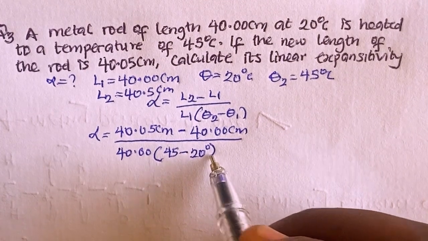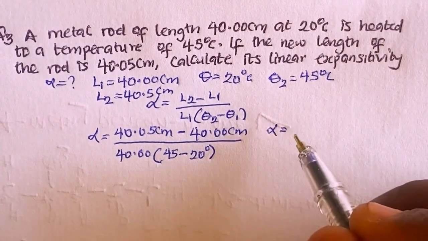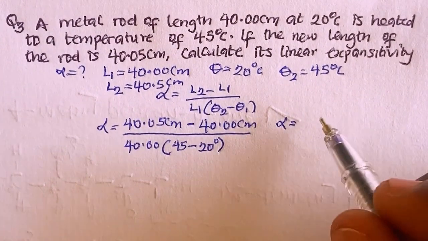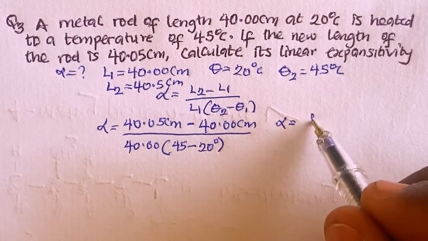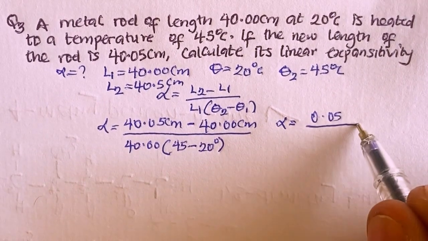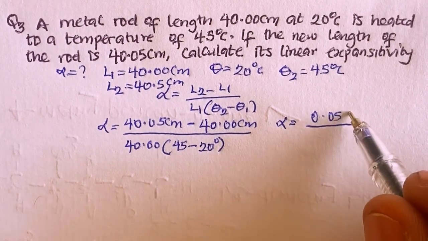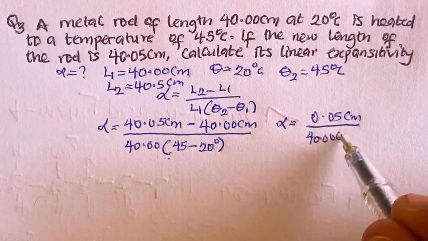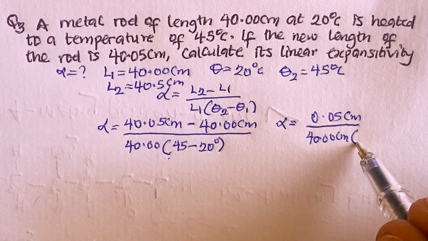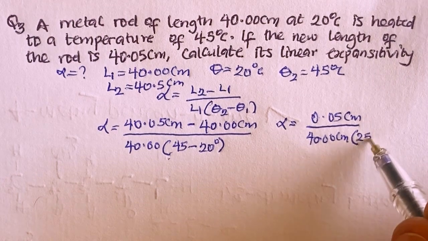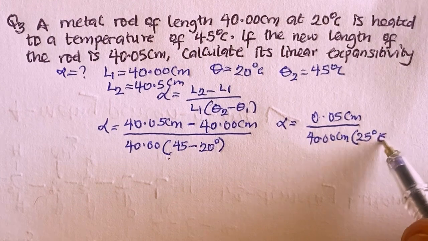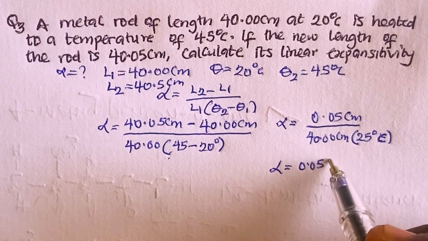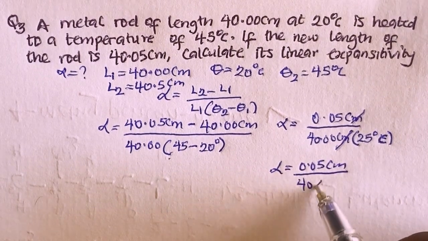So 40.05 minus 40.00 gives 0.05 centimeter, divided by 40.00 centimeter into brackets 45 minus 20, which gives 25 Kelvin or Celsius. So alpha is 0.05 centimeter divided by 40 multiplied by 25.